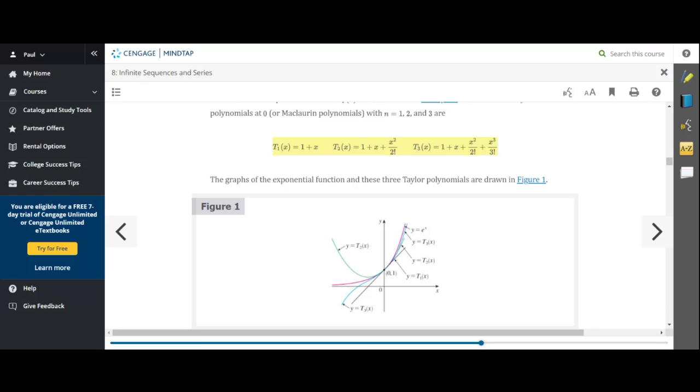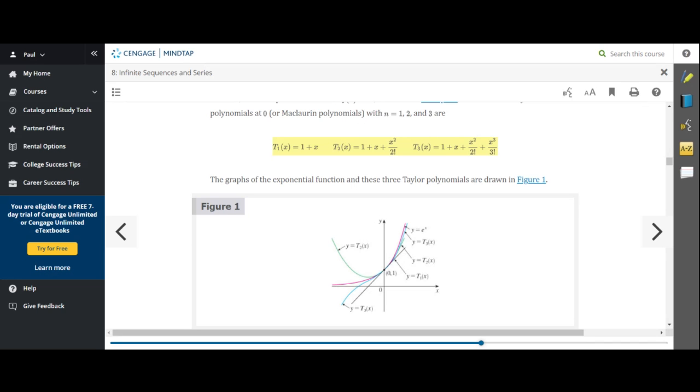Okay, that's right, Michael. T sub 3, the third degree Taylor polynomial. Why would that do the best job, you think? I mean, of course, eventually the third degree Taylor polynomial, that cubic polynomial, will look different from the exponential function as you move away from x equals 0.